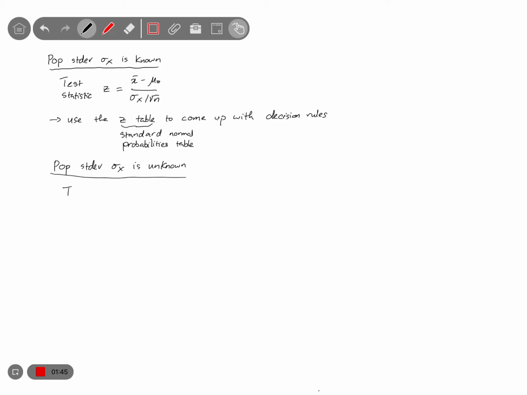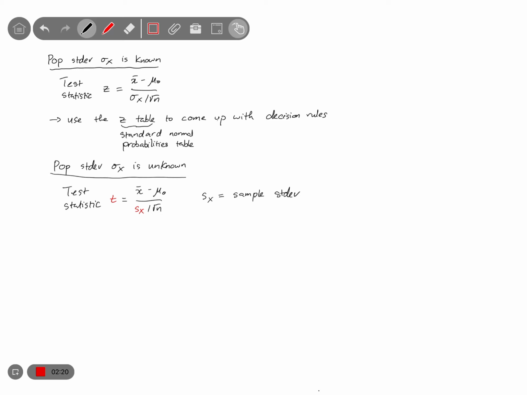If the population standard deviation sigma x is unknown, our test statistic will become the t-test statistic, and the t-test statistic is equal to x bar minus mu sub 0 divided by sx over the square root of n, right? Where sx is the sample standard deviation. So the standard deviation of the sample.